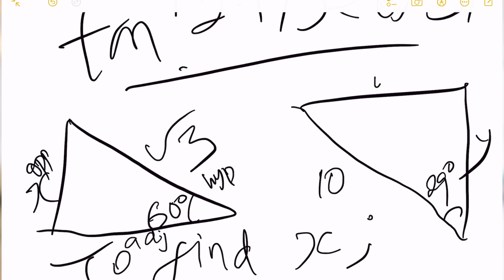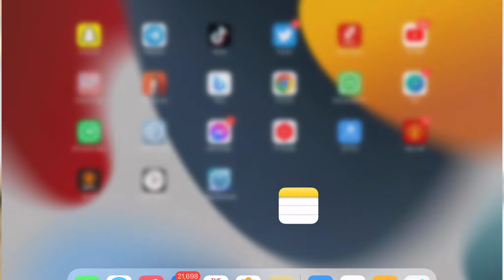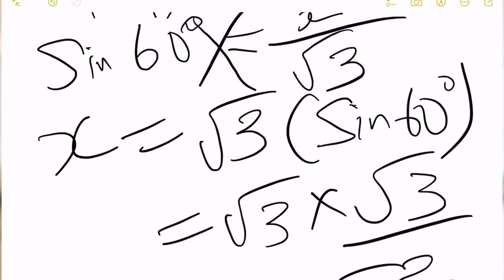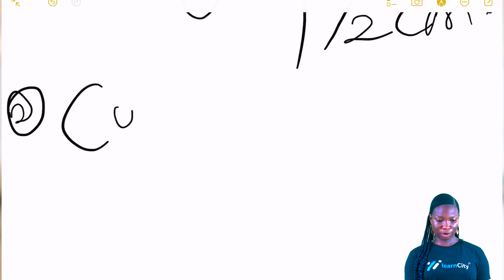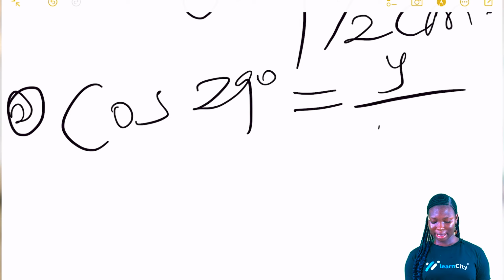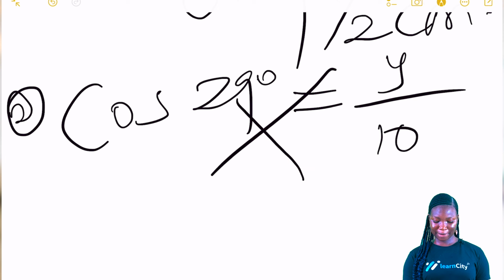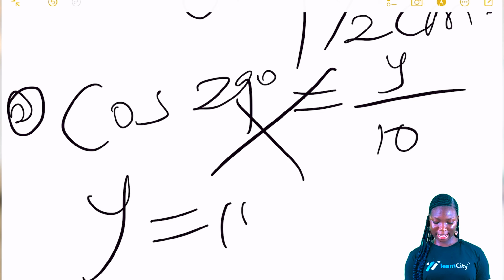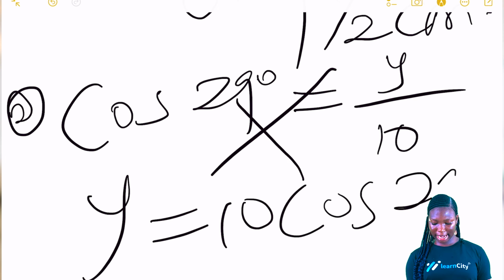Because we have opposite, we have adjacent, and we have hypotenuse. So where we have adjacent and hypotenuse, we use cos. So we have cos 29 degrees to be y/10. So we cross multiply, we have y is equal to 10 cos 29 degrees.